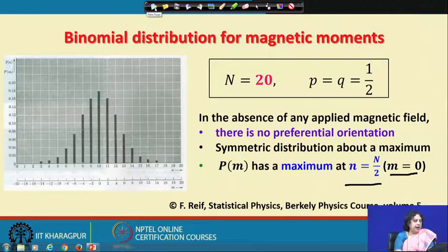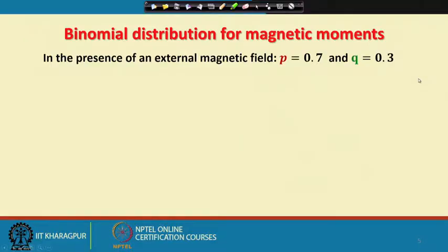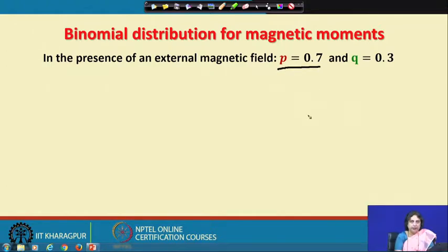At this point, the question is, what happens if the two orientations up and down are not equally probable? In that case, you can consider the situation where you have applied an external magnetic field, and because of that you now have a situation where P is equal to 0.7 and Q is equal to 0.3.